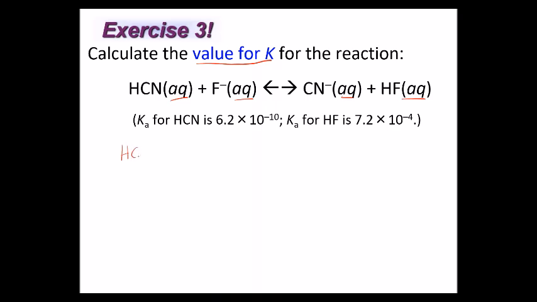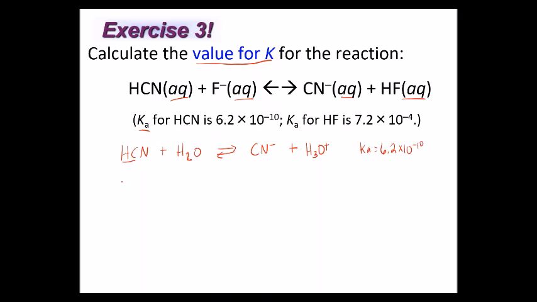So we have HCN plus water giving us, because this is the Ka for it in pure water, CN minus plus the hydronium, right? Because this H is going to be the one given away. And the Ka is 6.2 times 10 to the minus 10.